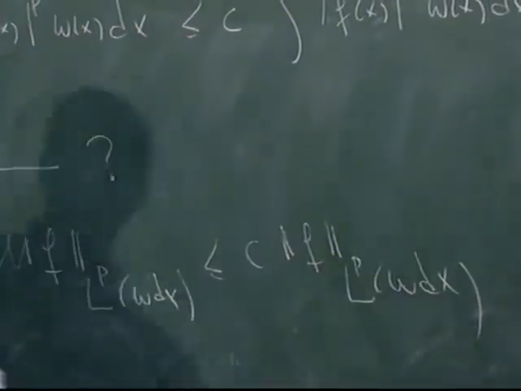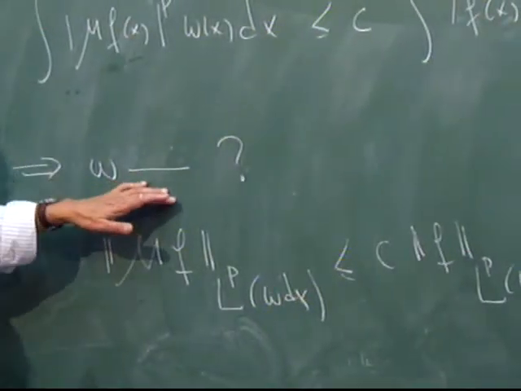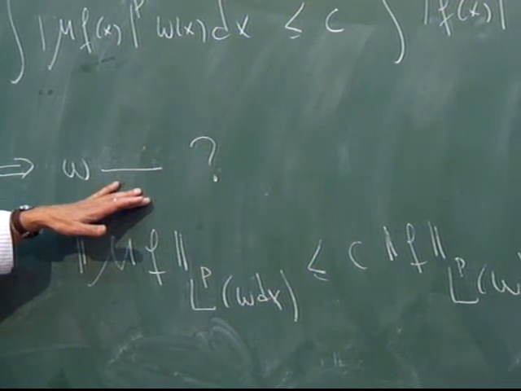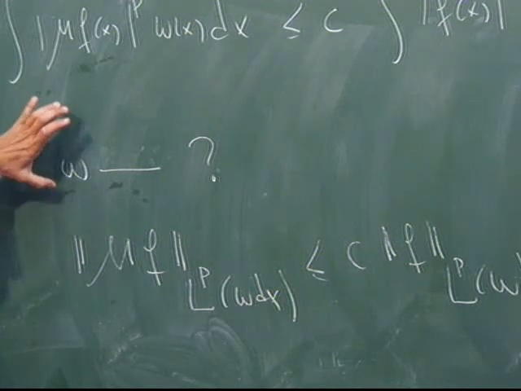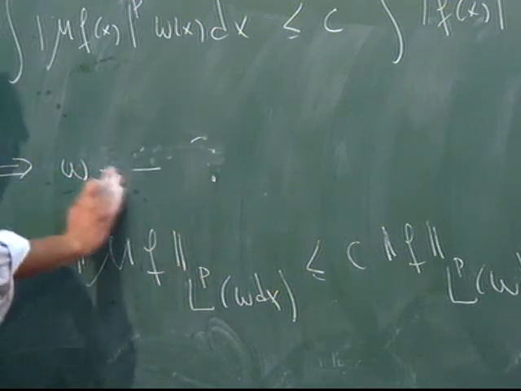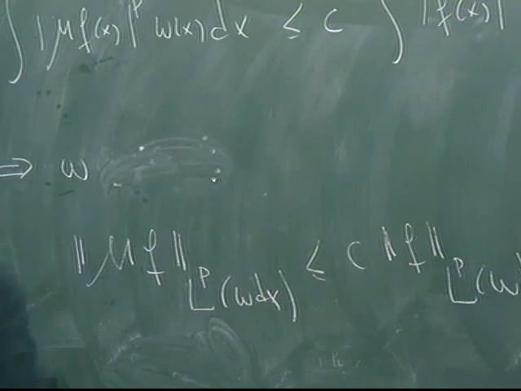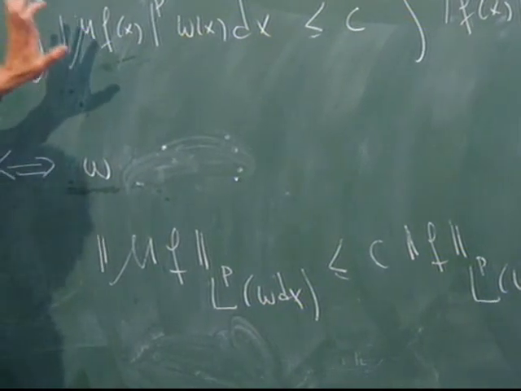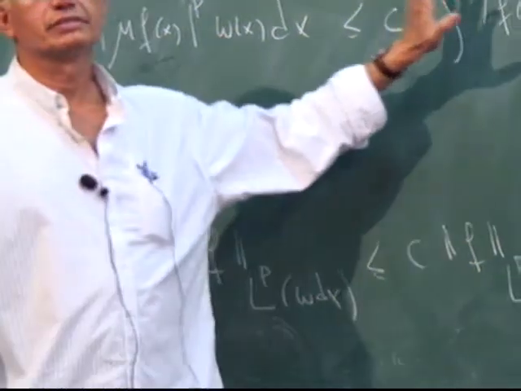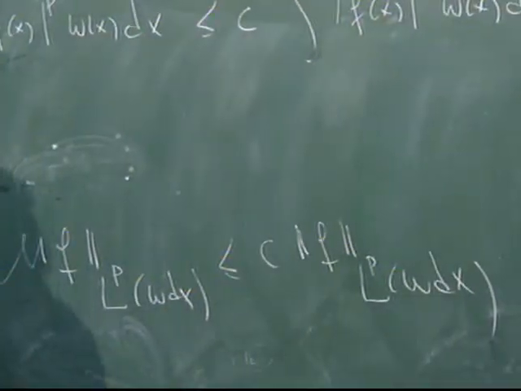What is the condition that this measure has to satisfy? It came out that the condition will be if and only if, and the condition that you get here is exactly the same condition if you put the Hilbert transform here.